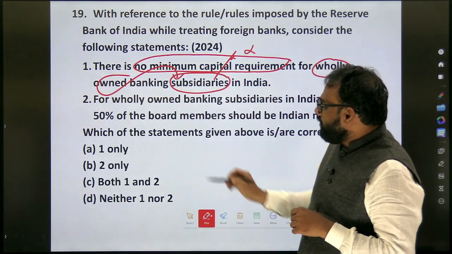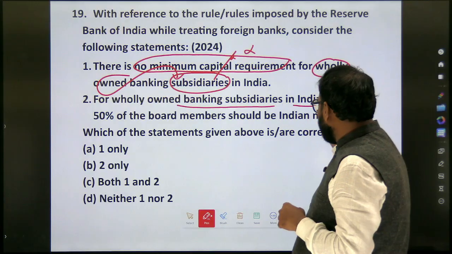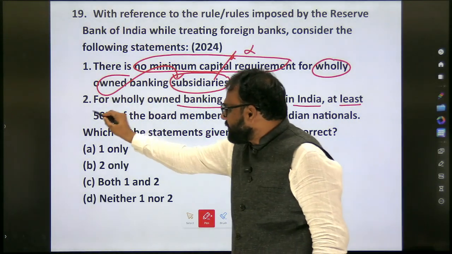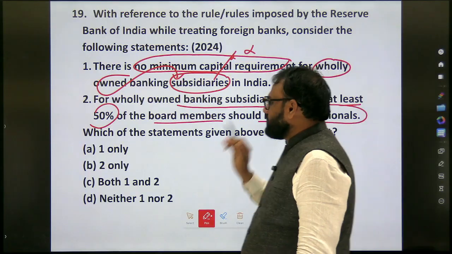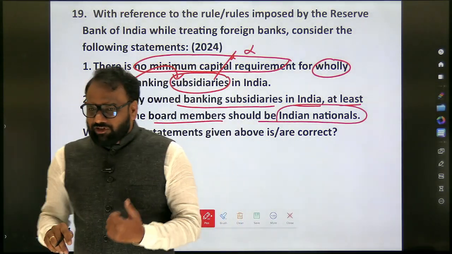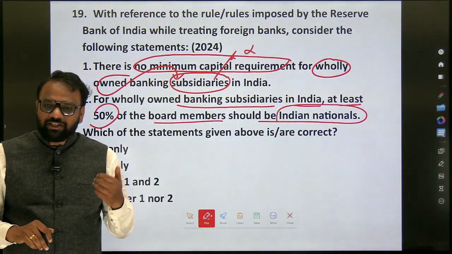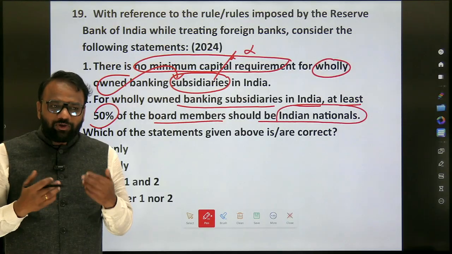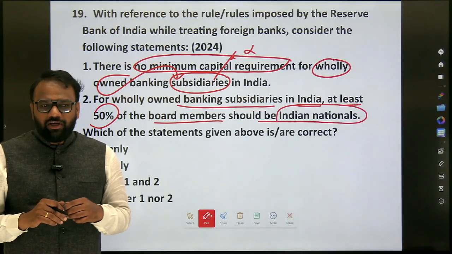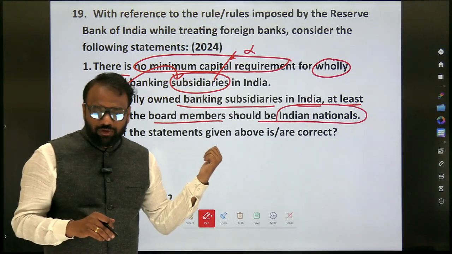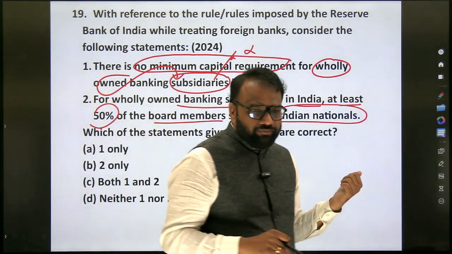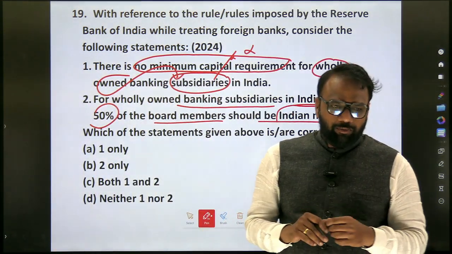For wholly owned banking subsidiaries in India, at least 50% of the board members should be Indian nationals. With respect to this second option, recently some changes have taken place, and you have to go through those changes. For the previous year, the 2024 question, the answer itself was dropped.